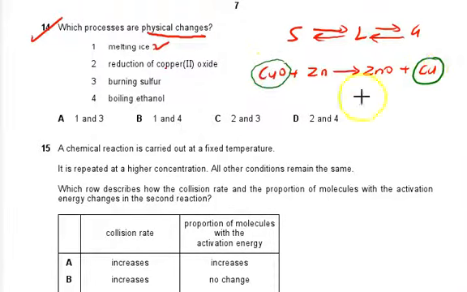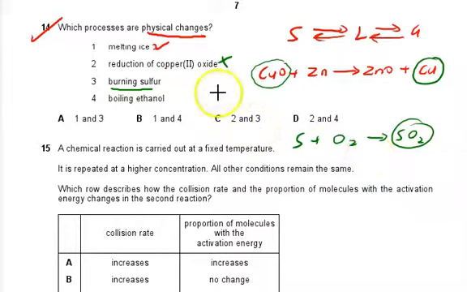So it is not reversible. So this is a chemical change. Okay, burning sulfur, any combustion is not a physical change. Once you burn the sulfur, you are getting sulfur dioxide. So you cannot change it back. It's irreversible. So this is not.